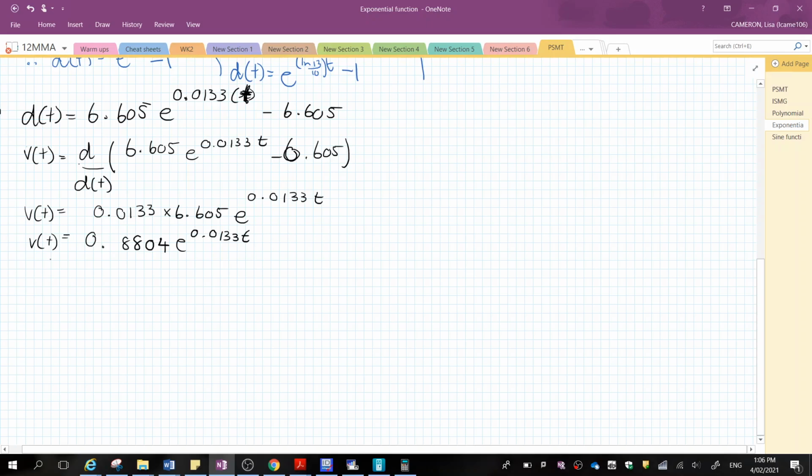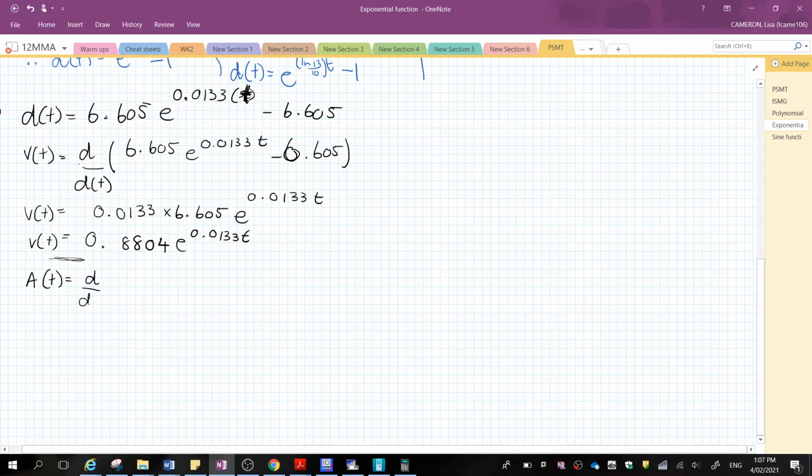Okay, now, just while I'm in the mood for deriving, I'm going to go ahead and derive this again to get my function for acceleration. So the acceleration with respect to time is given by the derivative of this function above. So this one here is what we're taking the derivative of.